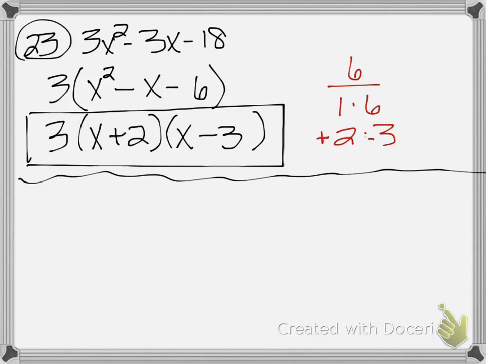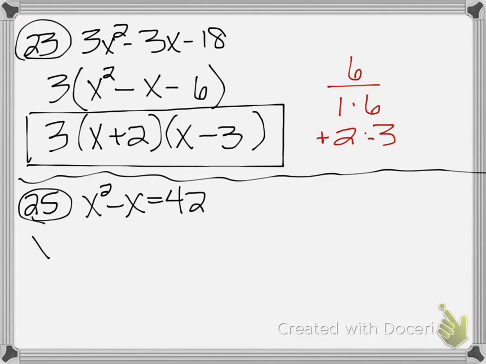I think that I can fit it here. We have x squared minus x equals 42. And the directions say solve. Now, whenever you have to solve a quadratic, we have to get 0 on one side. So I'm going to rewrite this as x squared minus x minus 42 equals 0.